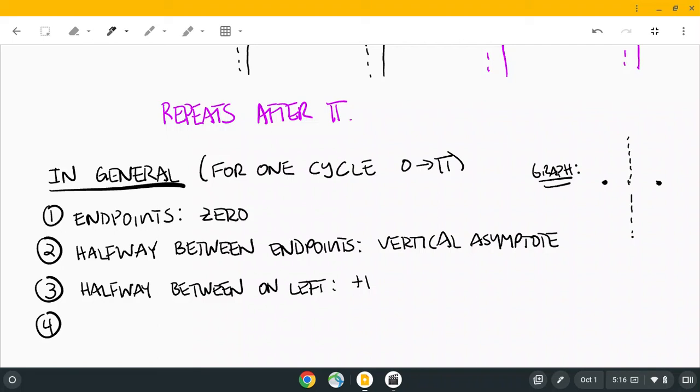Halfway between on the right, we get -1.